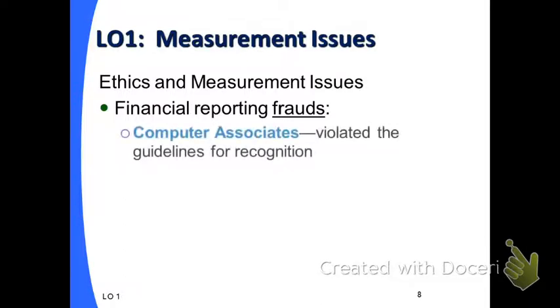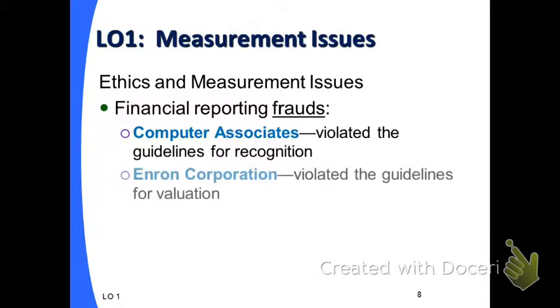First, we have Computer Associates. Computer Associates violated the guidelines for recognition. What they did is they violated the recognition by keeping its books open after the end of its true fiscal period. As a result, they recorded $3.3 billion in extra revenue. Clearly a violation of ethical accounting principles. Second, Enron.